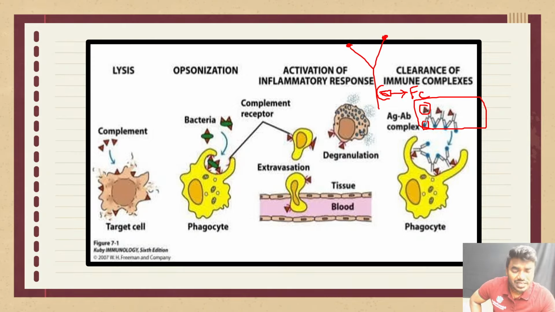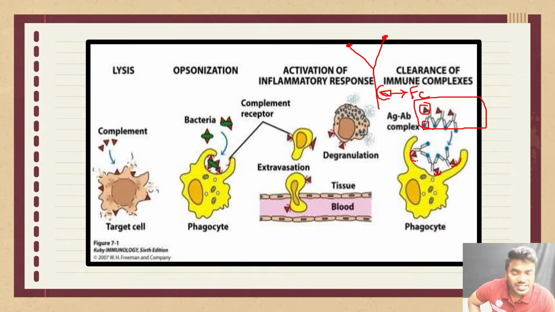Now everyone listen to my statements very carefully. Whenever a particular antibody is associated with the antigen and it is also associated with the complement system, this entire complex can be easily recognized by the phagocytic cells like macrophage or dendritic cell. How? Undoubtedly, friends, with the help of Fc receptor only. And friends, kindly do not get confused here also.